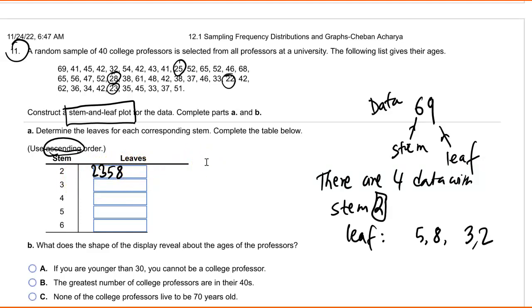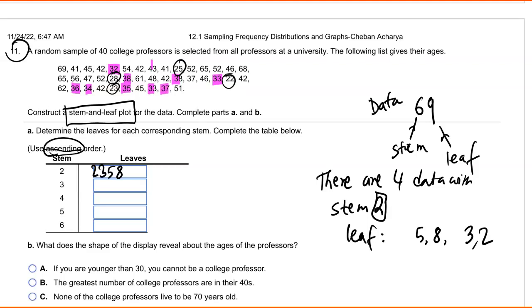For the 3, if you look at the 3, let me highlight the data with the 3 stem: 32, 38, 38, 33, 36, 34, 35, 33, 37.